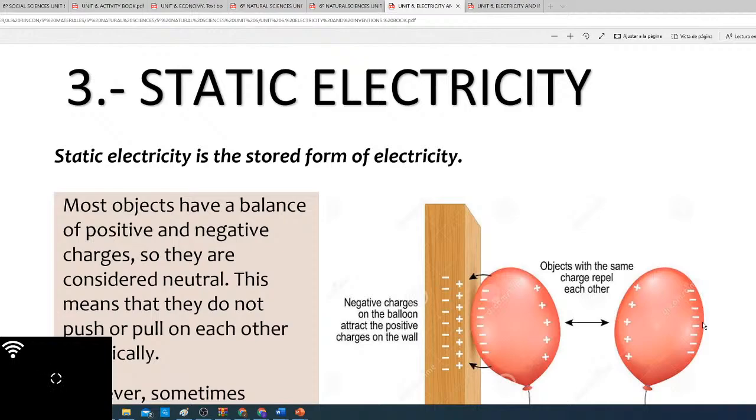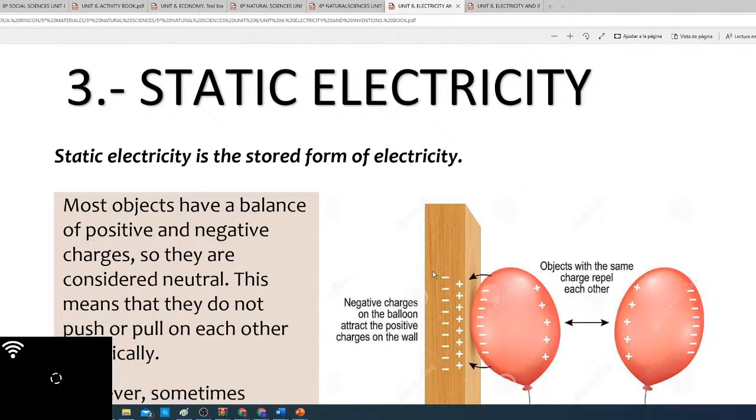So please stay focused. So static electricity, and you remember that electricity is a kind of energy that is based on the flow of electrons, because you know that all matter is made up of atoms, and atoms are composed of some tiny particles. Some of them are electrons. These particles that are negatively charged are electrons, and these positively charged are protons.